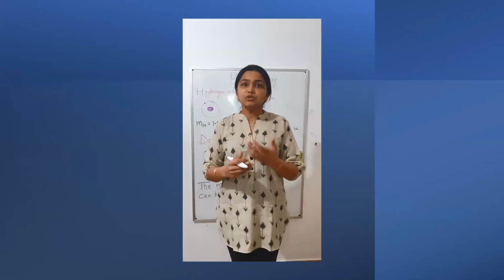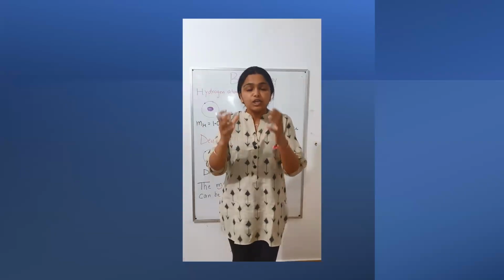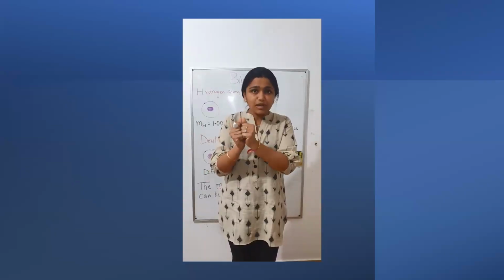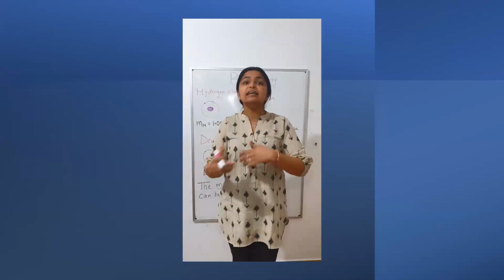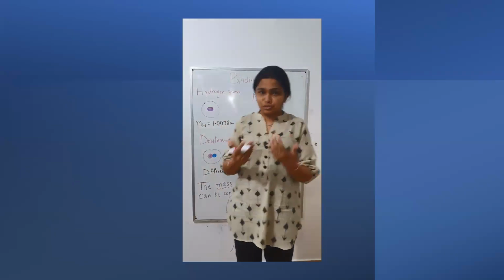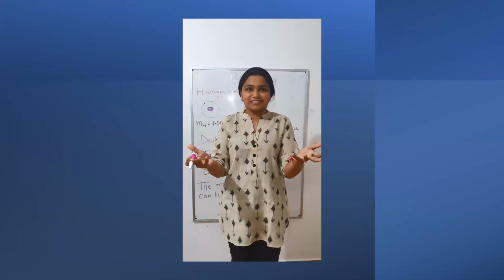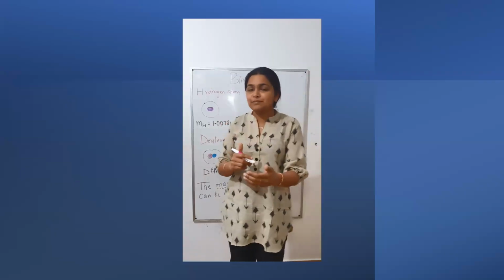Binding energy of a nucleus is the energy required to keep any nucleus bound. Or in other words, the binding energy of a nucleus is the energy needed to break it apart. I'm sure this video must have helped you to understand the concept of binding energy.